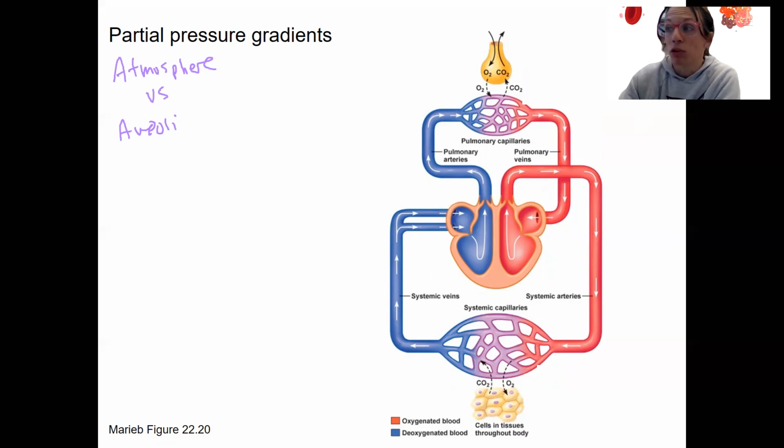So first of all, we're going to draw some graphs. Up here, let's do atmosphere, the partial pressures of carbon dioxide and oxygen in the atmosphere.